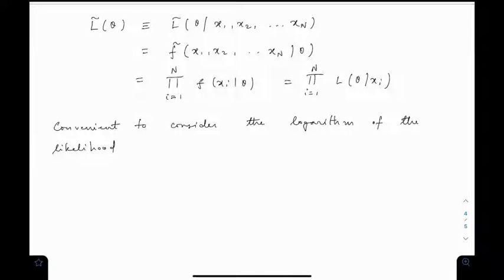And this is called the log likelihood. It's easy to see that since the overall likelihood is a product of individual likelihood functions, the log likelihood becomes a sum of these individual log likelihoods.